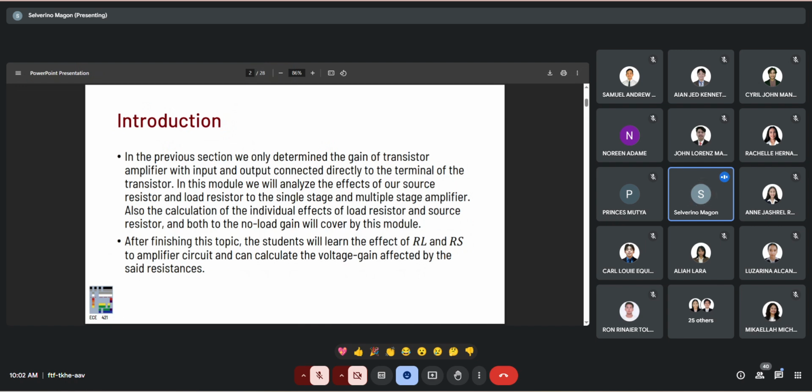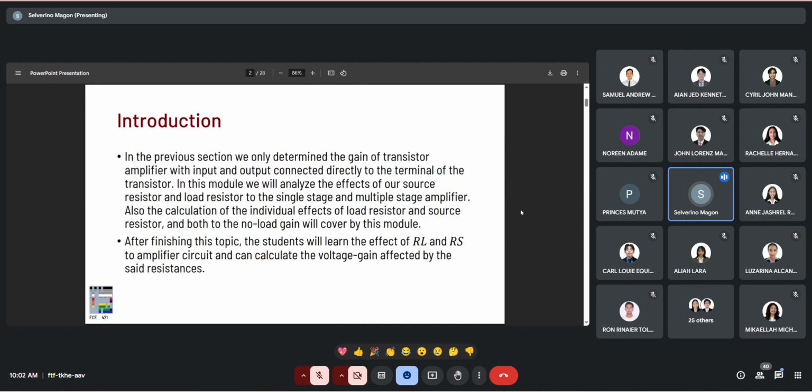In this module, we will analyze the effects of the source resistor and load resistor, the single stage and multi-stage amplifiers. The calculation of the individual effects of the load resistor and source resistor will also be covered in this discussion.